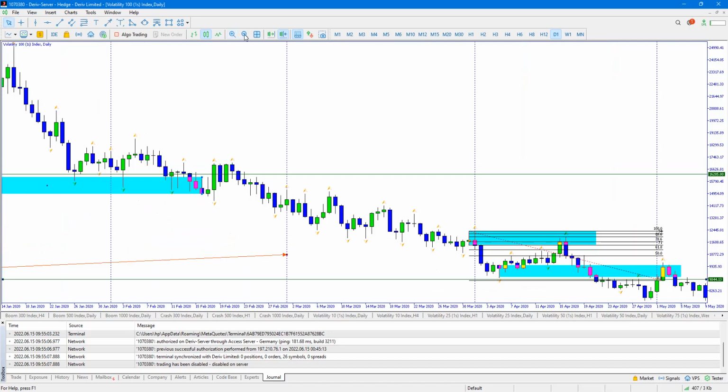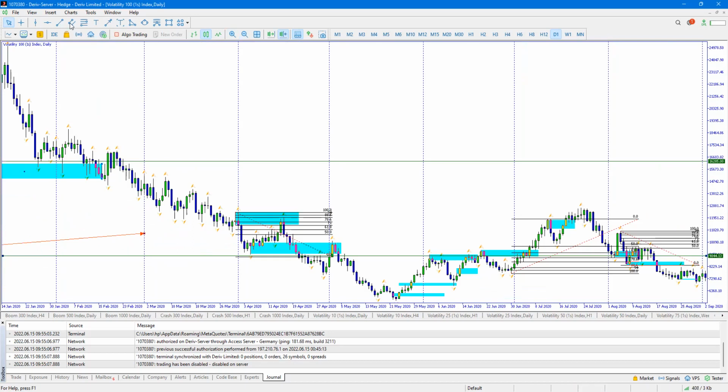Why do I call it that? Price took out dynamic liquidity, broke structure to the downside, came back to retest the institutional candle, and then broke structure to the downside again. So this becomes our new structural point.